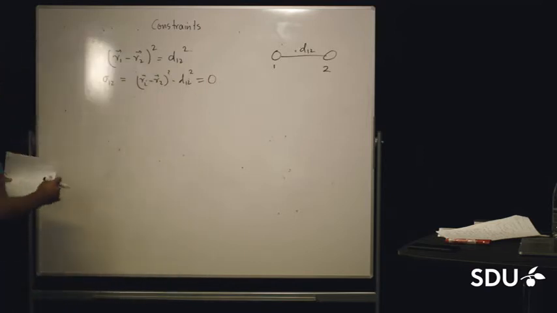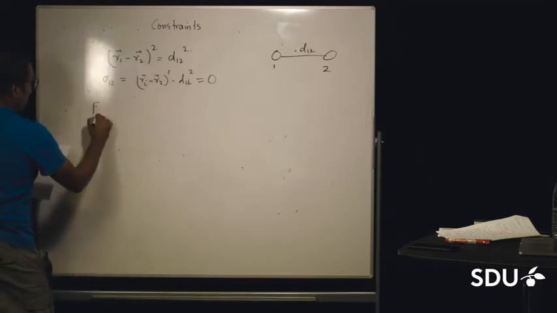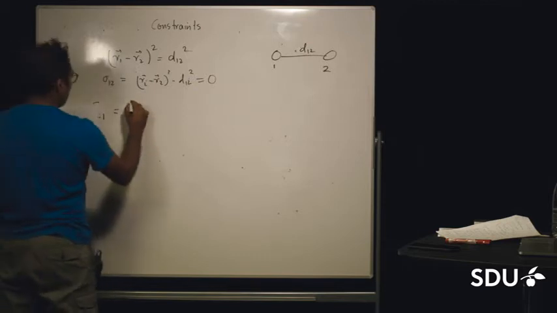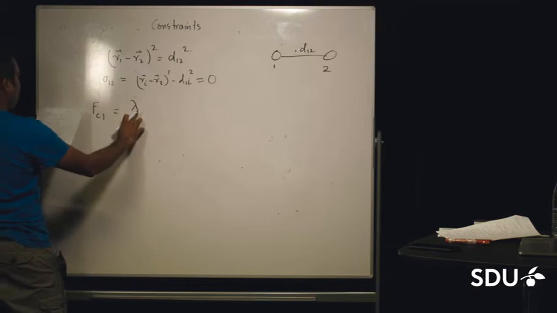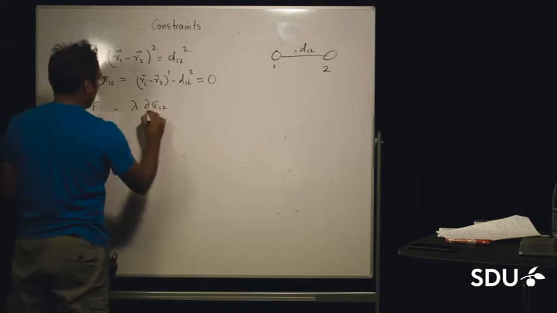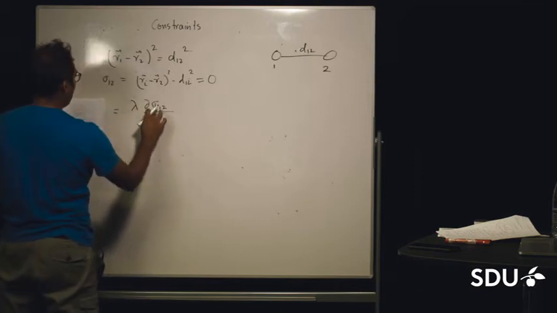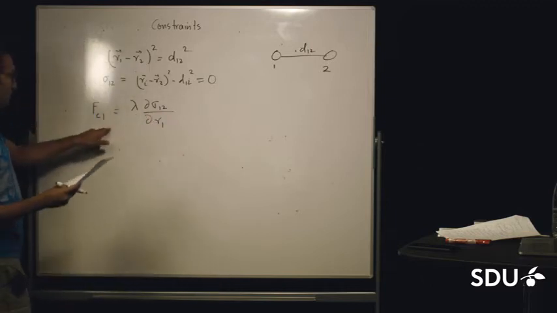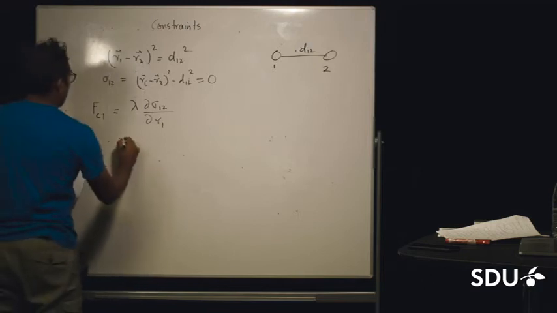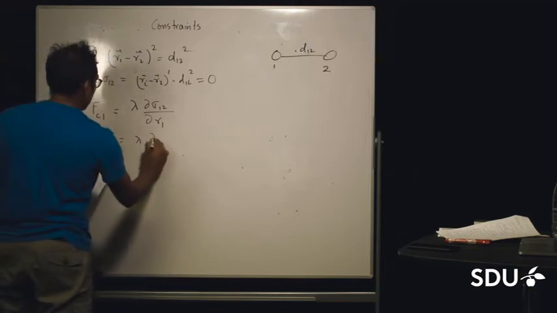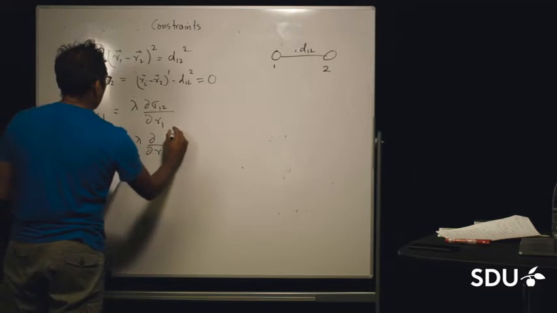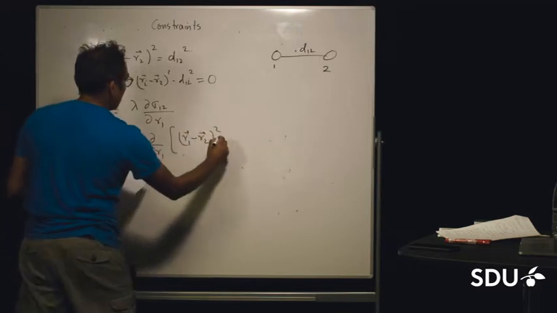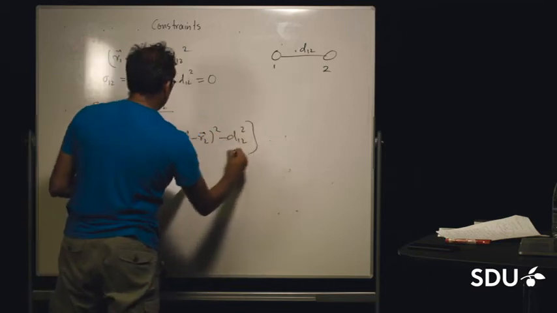Right. Now the force because of the constraint on atom 1 is given by a Lagrange multiplier multiplied by a partial differential of the constraint with respect to the position of atom 1. Based on this equation, you can write this as the partial differential of (r1 minus r2) squared minus d12 squared.